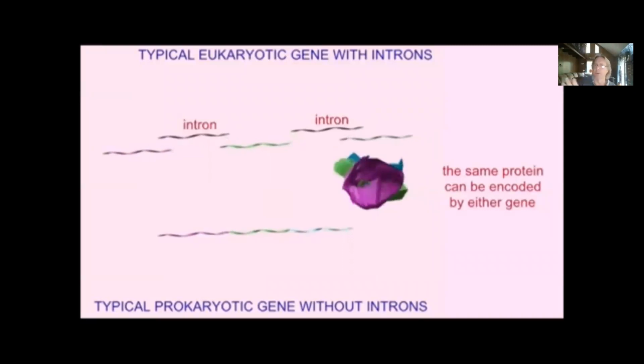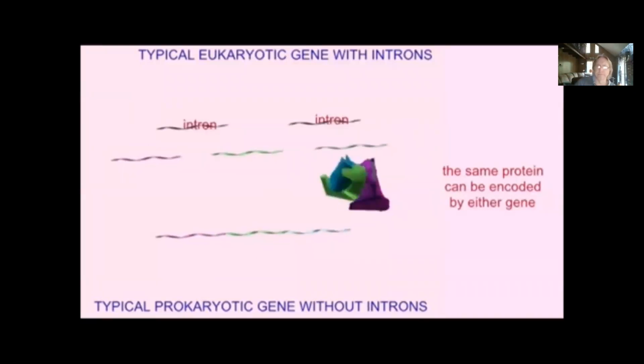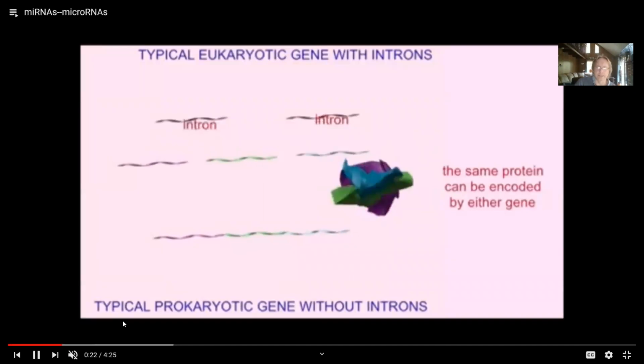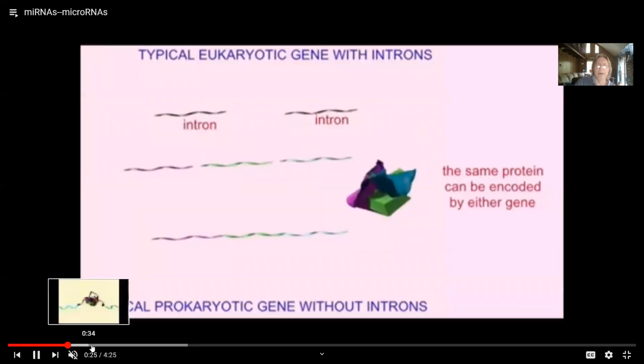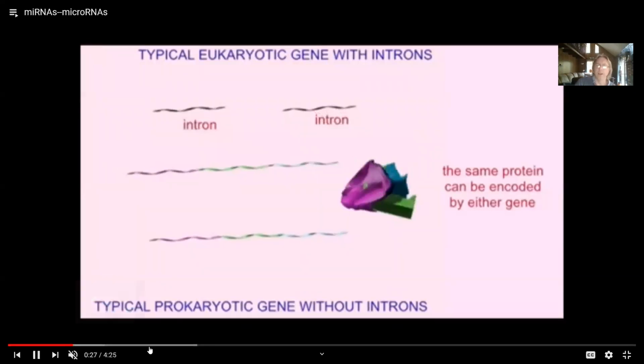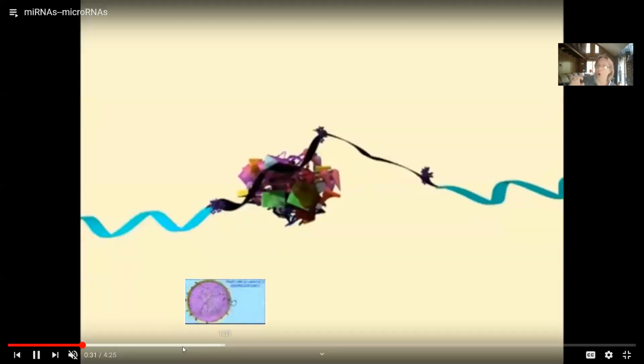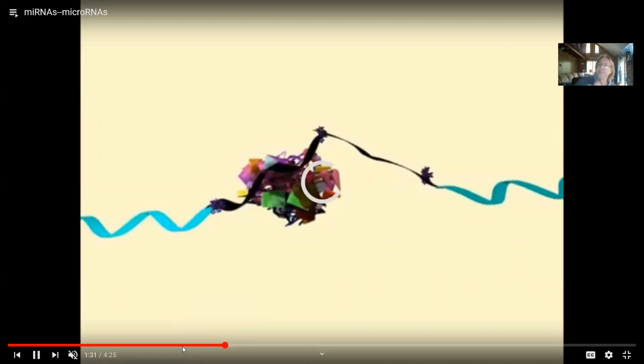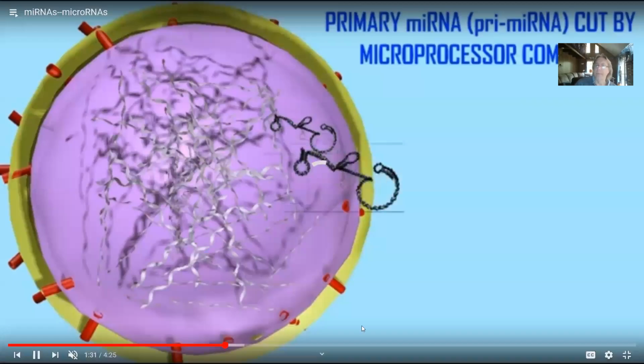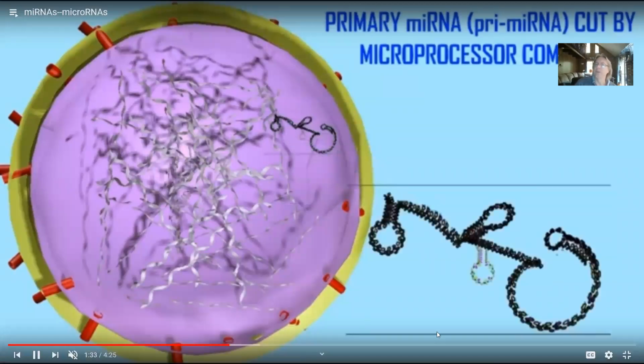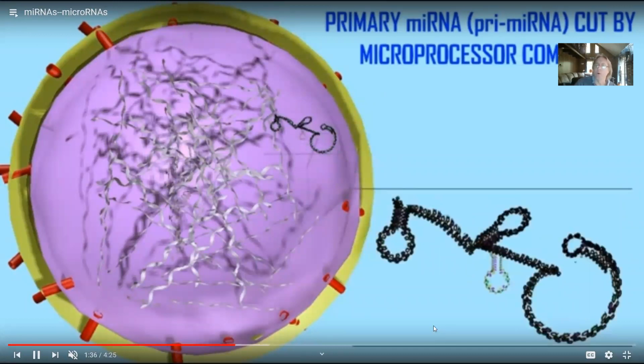I'm just going to quickly give an overview here. The microRNA could then target an RNA. And once a microRNA binds to it, this would then target that mRNA for destruction, right?